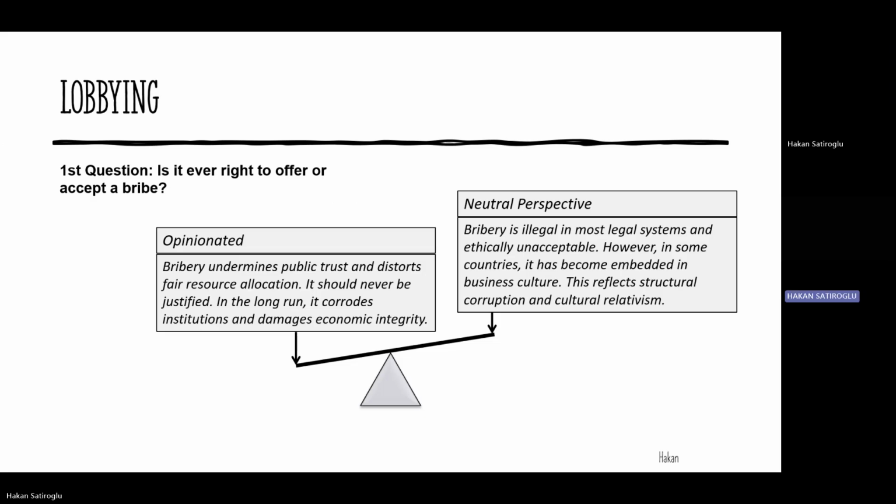I think this neutral perspective gives us the harsh truth of our politics, so I'm in favor of this one. Bribery is part of our life, and structural corruption comes from our cultural approach, actually. So I made a bribery example in the comment section.